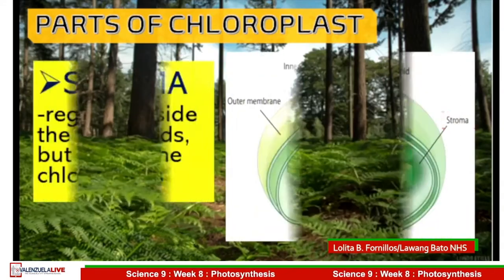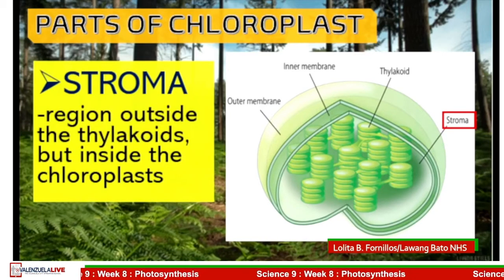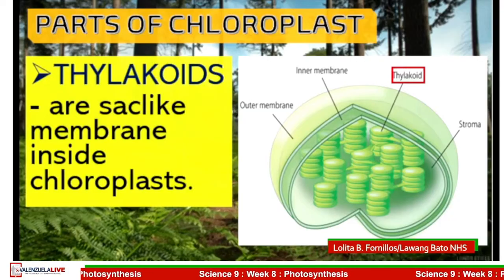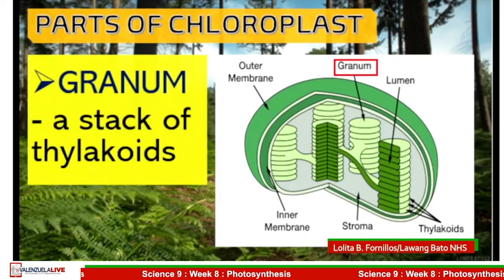The stroma is the region outside the thylakoids but inside the chloroplast. The thylakoids are sac-like membranes inside the chloroplast. The granum is a stack of thylakoids.